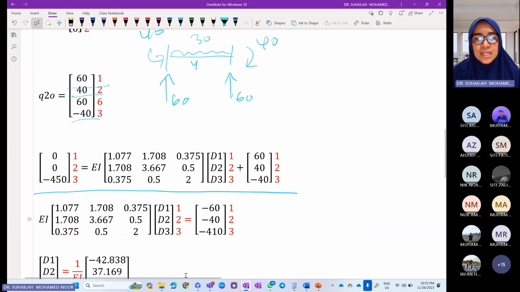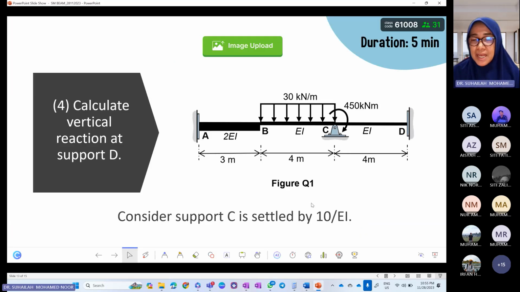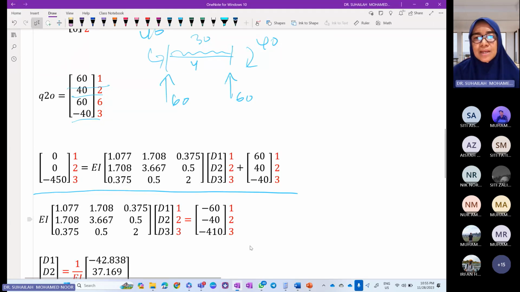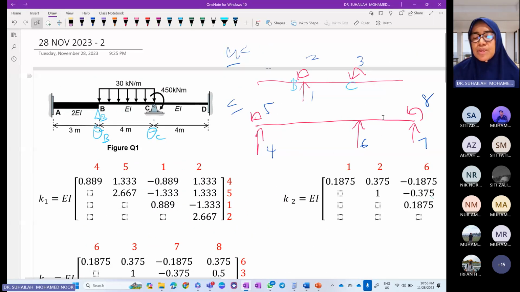Soalan tadi, settlement at C, 10 over EI at C. Okay, settlement 10 over EI at C ni means that tengok pada C, what is the label that we use? From 1 to 8 tu apa label yang kita pakai dekat C? Mewakili vertical direction at position C. Tengok balik diagram yang first tadi. That's why the first diagram ni is very important. We use 6.